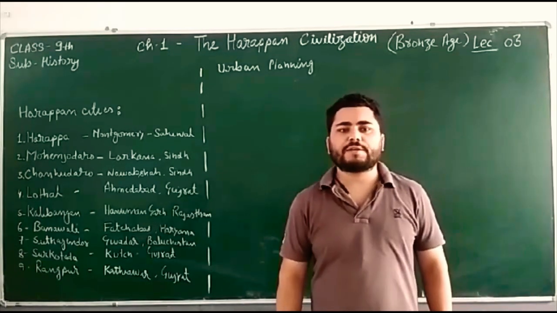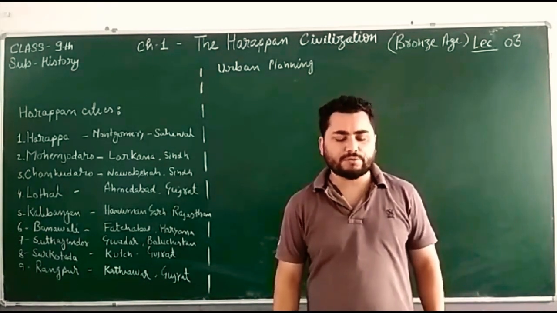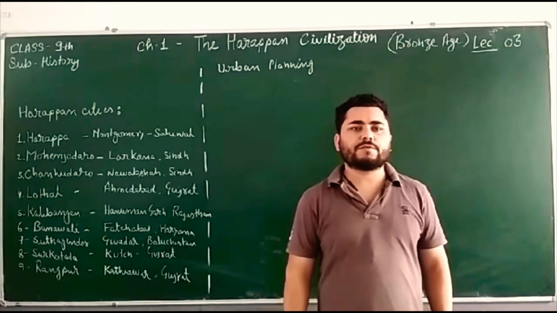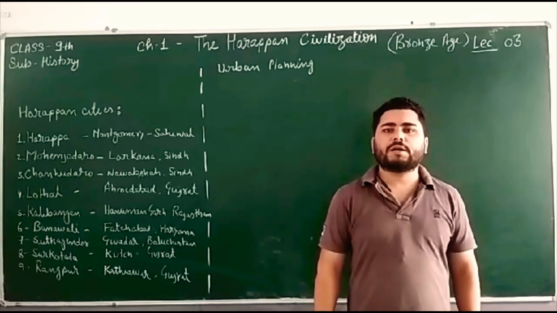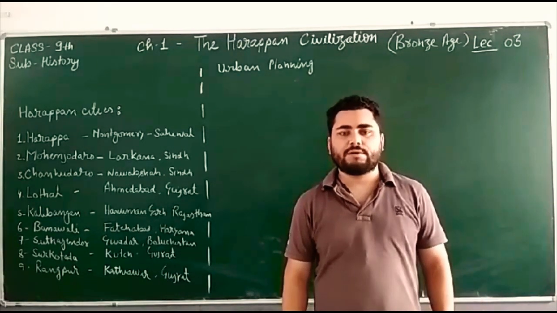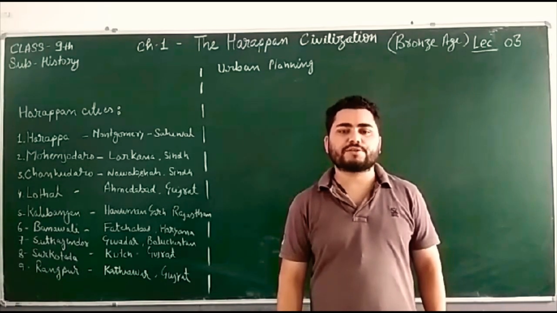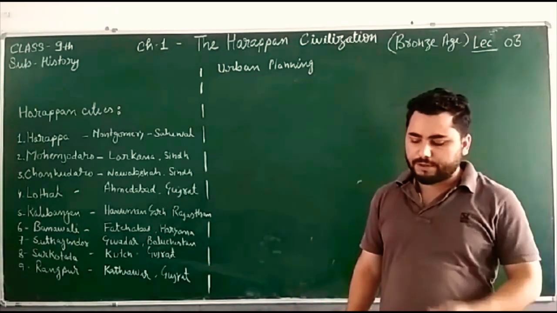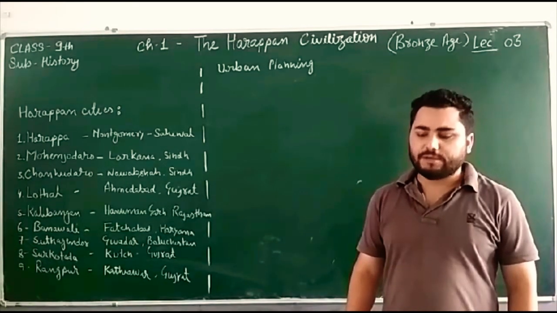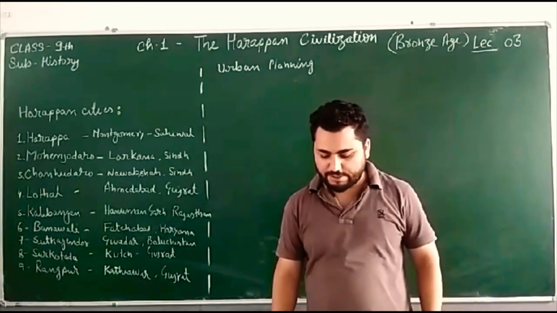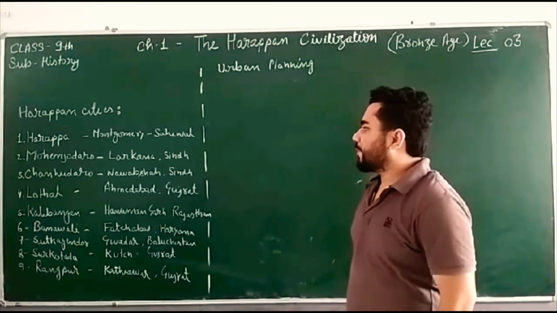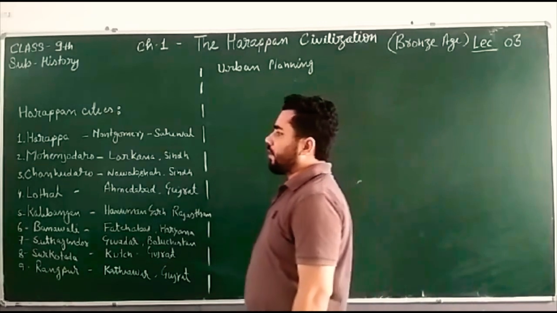In town planning and its features, we will be studying about the features because of which the Harappan civilization is called an urban civilization, unlike Vedic culture. Then we will be studying about the features of houses and the features of granaries and great bath in particular. So let us begin with the Harappan cities.